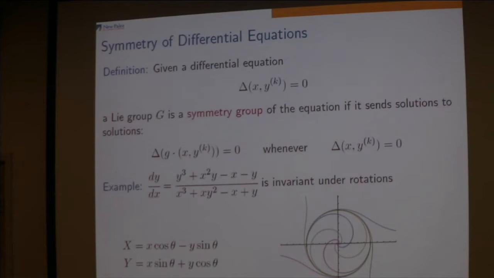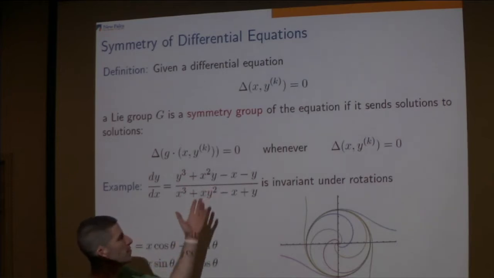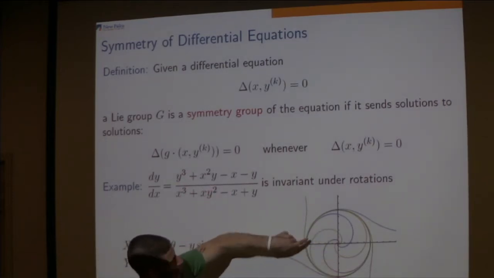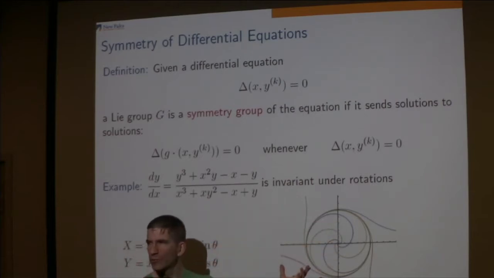Many equations might just have dilation, for example. Just look at this one where all the orbits are circles. If you look at the solution space on the right-hand side, we can solve this equation, and each curve corresponds to a solution.